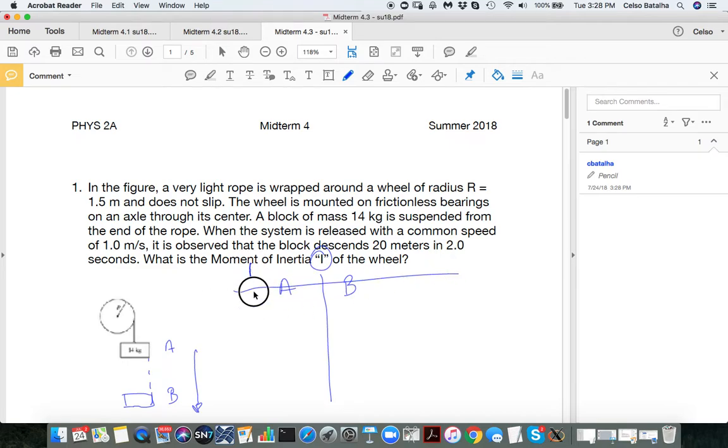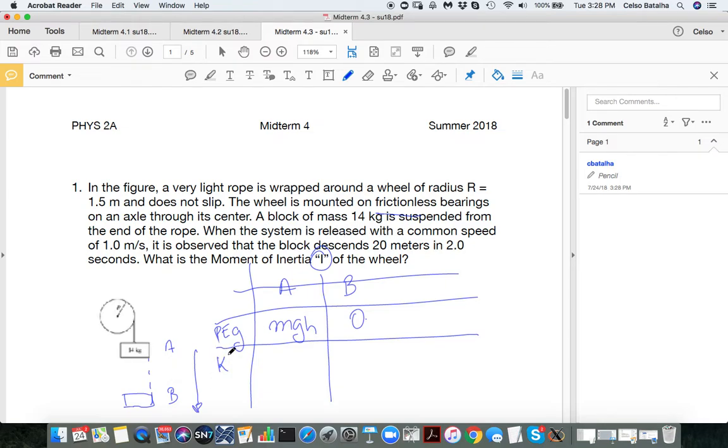So the potential energy in A is mgh, and then block A gets to B. Assume there is no friction. Frictionless, so there are no external forces, and the system is released with a common speed.